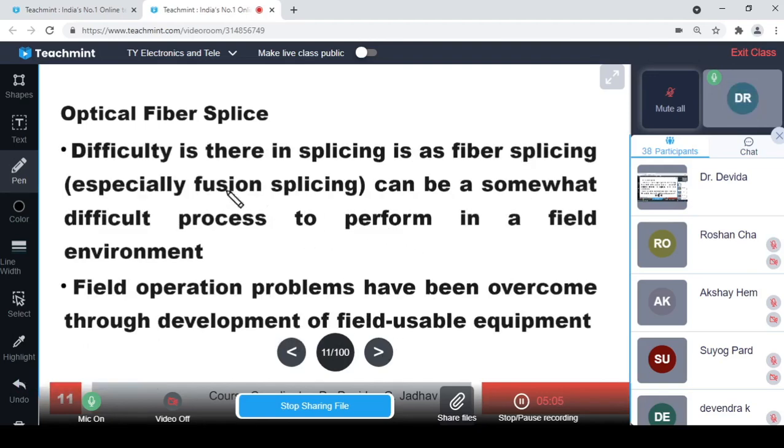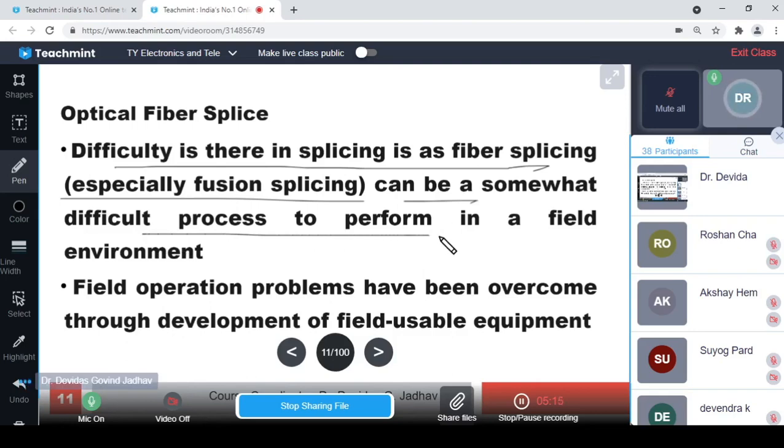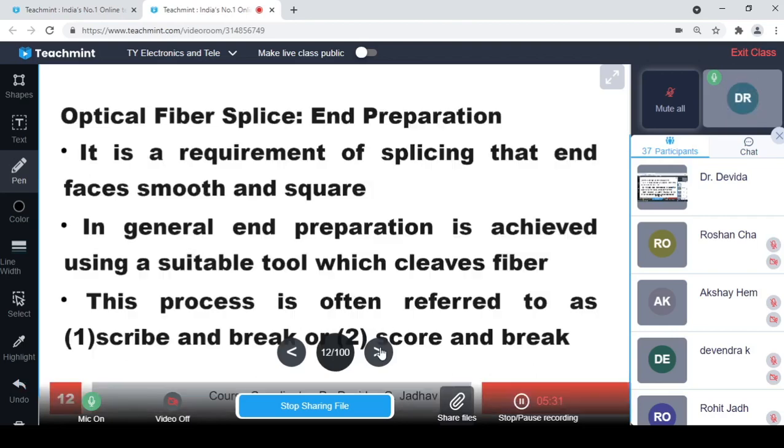There is difficulty in splicing, as fiber splicing, especially fusion splicing, can be a difficult process to perform in the field. But nowadays portable splicing machines, splicers, are available for field use, and they are very automatic, so they can give very good quality splicing.